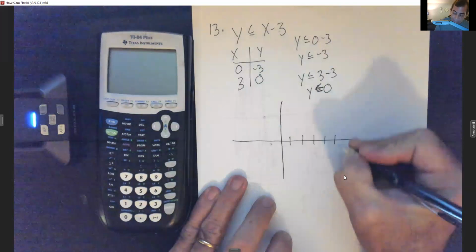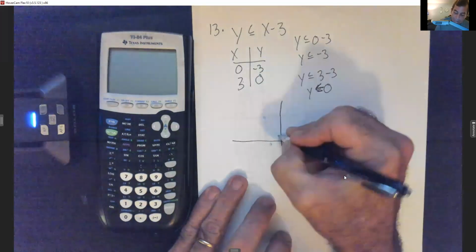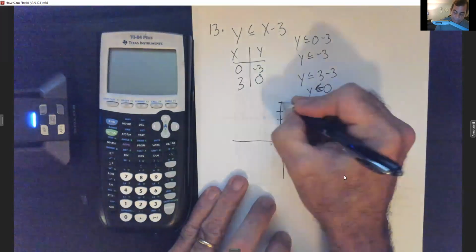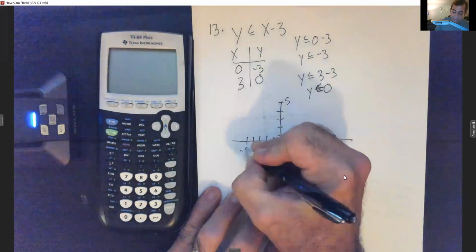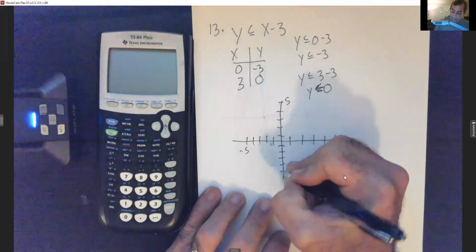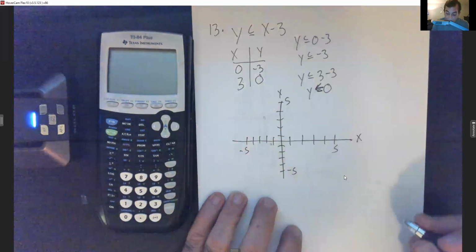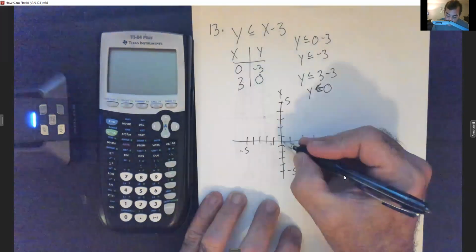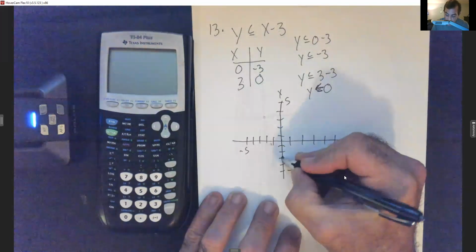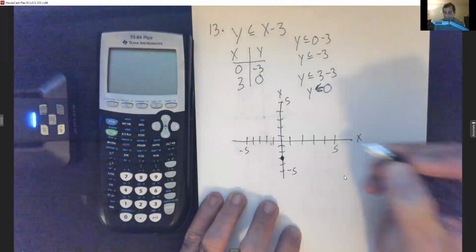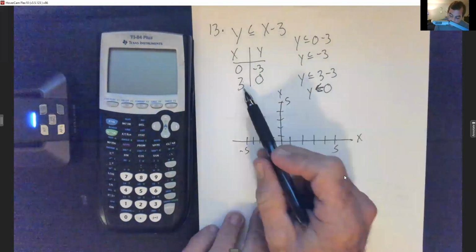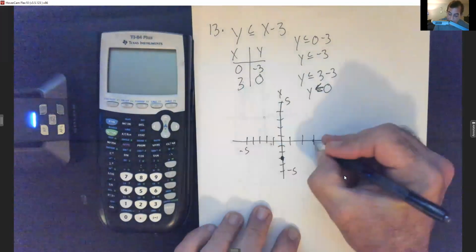So 5, 5, -5, -5, that's x's, and that's y's. So my first point was 0, -3. So remember, that's -3 on the y-axis. This point is 3, 0. So 3, 0 is on the x-axis.